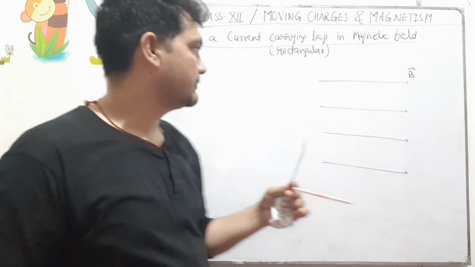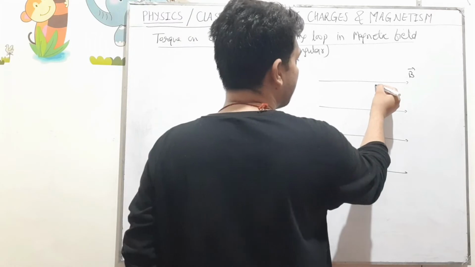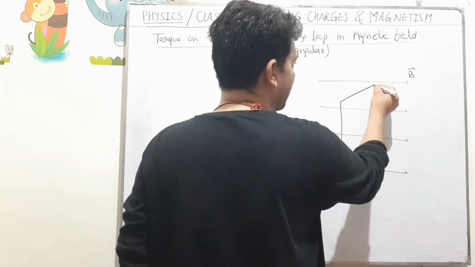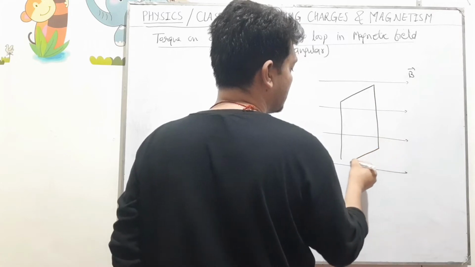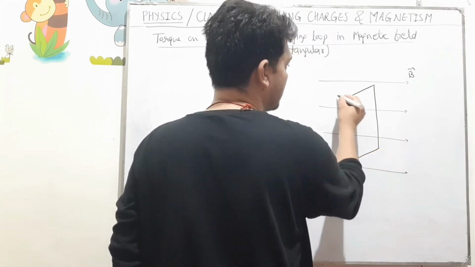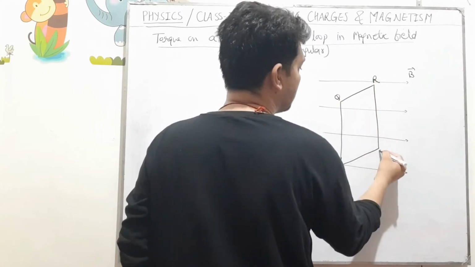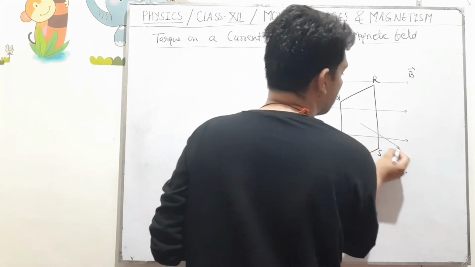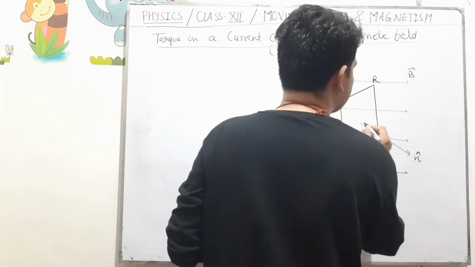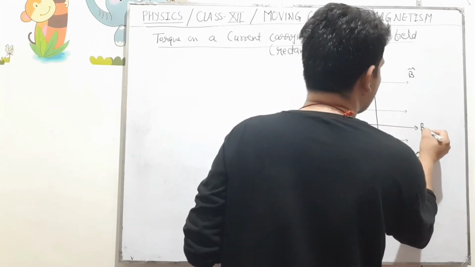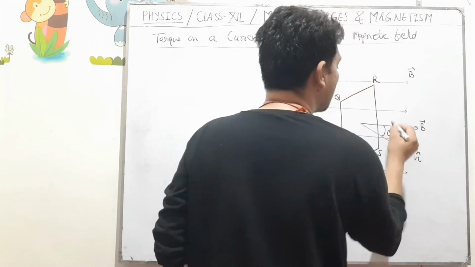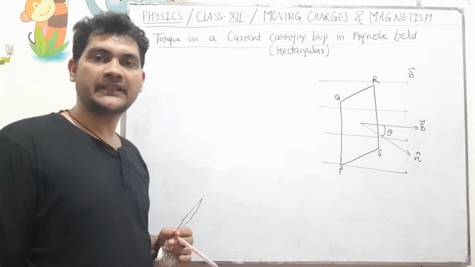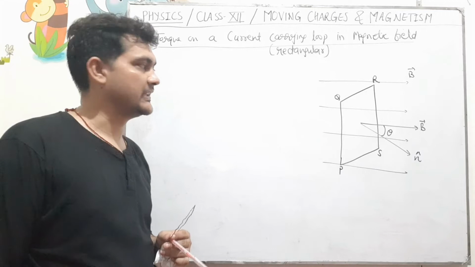So I am putting this loop in such a way, say this is the loop PQRS, say this is the normal of the loop, n cap, and this is the direction of magnetic field B. Theta is the angle between the normal of the loop and magnetic field.